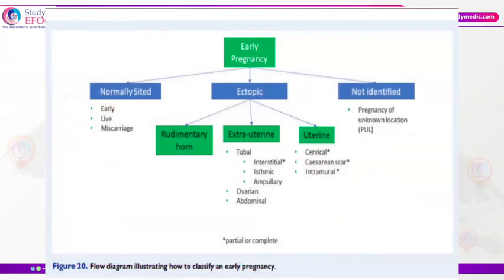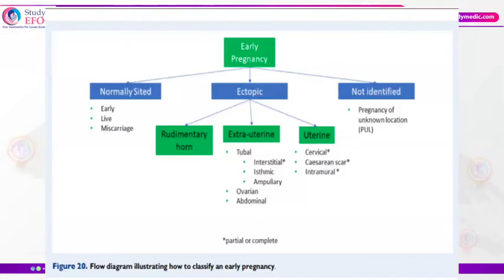So let's talk about early pregnancy. Early pregnancy comprises normally sited pregnancy, ectopic pregnancy, and not identified. In the normally sited, we will see live pregnancies and miscarriages. Regarding ectopic, it can be in a rudimentary horn, extrauterine or uterine.